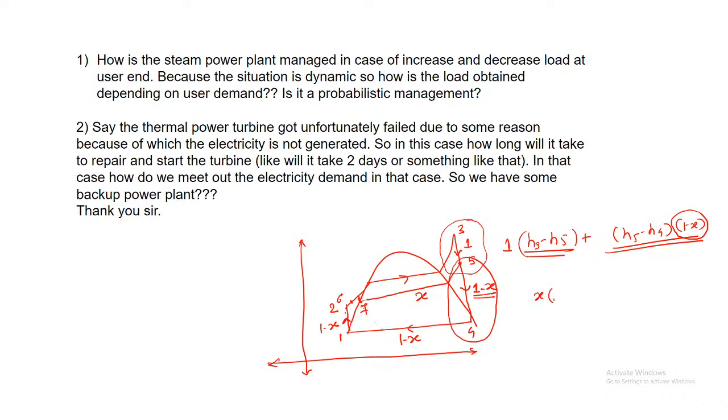So we have X amount of steam which is losing its enthalpy from H5 to H7, and that enthalpy is used to heat the water, which is 1 minus X, from H6 to H2. So this is how we are using it for the heat transfer equation. We should consider the mass fraction to account for the complete mass balance plus energy balance.